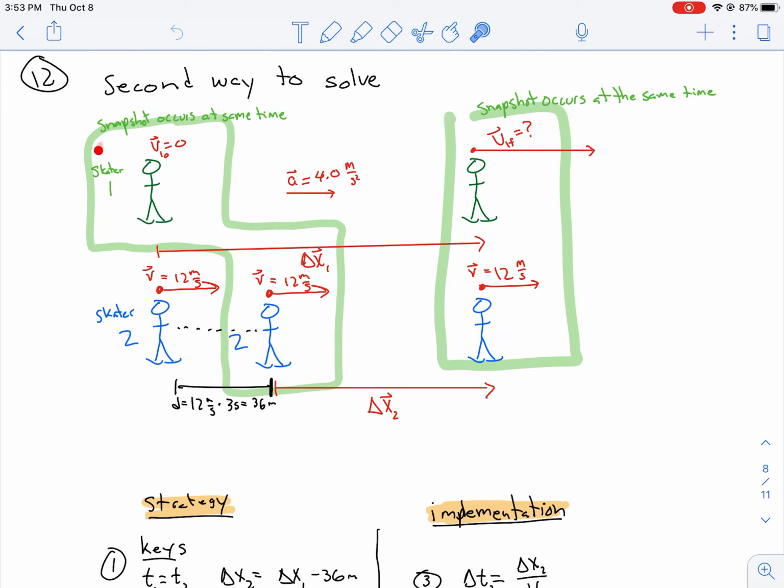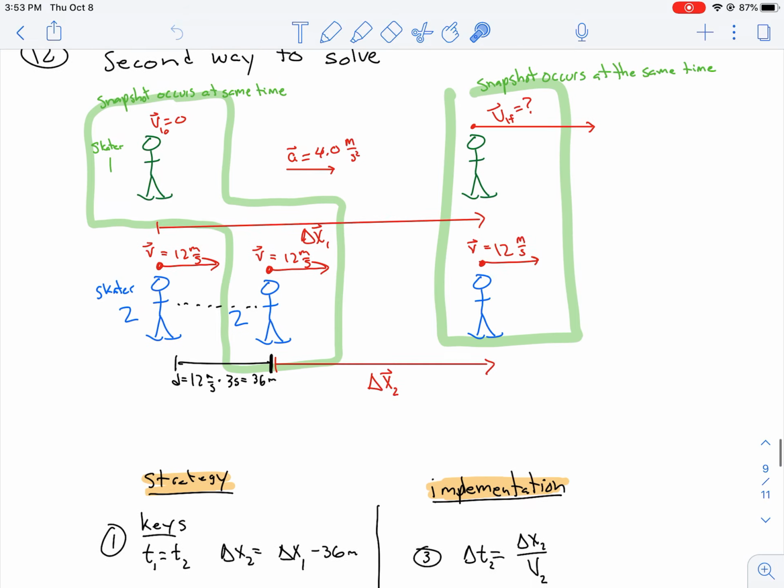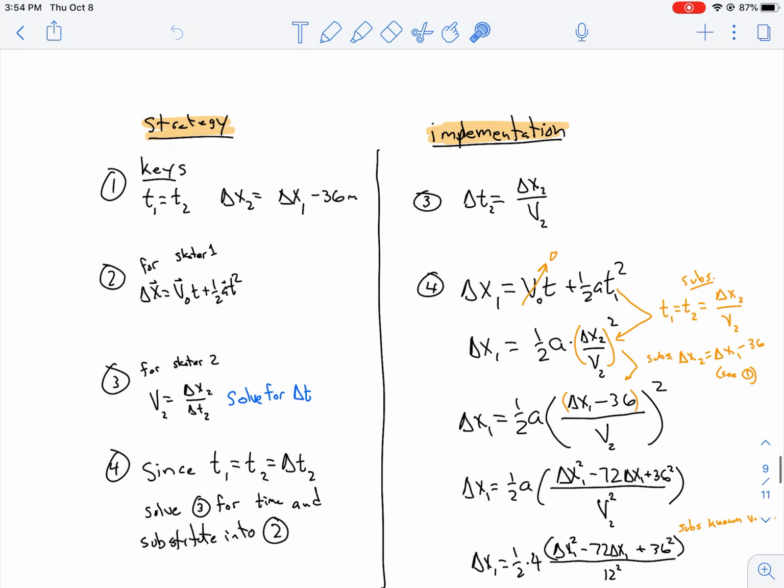This is like the delay time. If you've watched any of my other example videos, you'll notice there's a delay time where this thing is moving. The key on this one is that the times are equivalent.